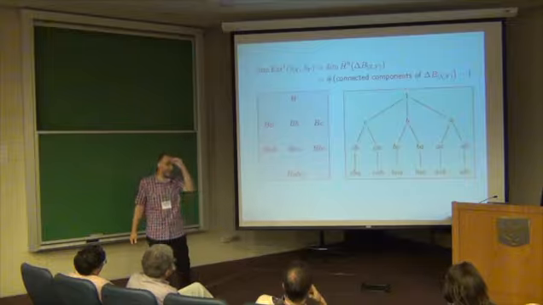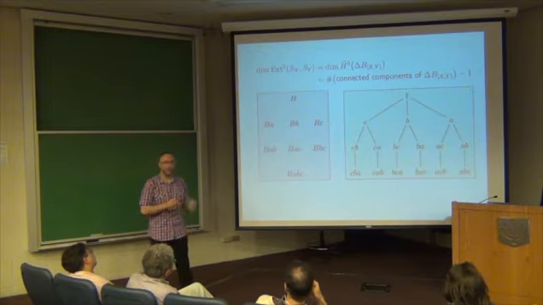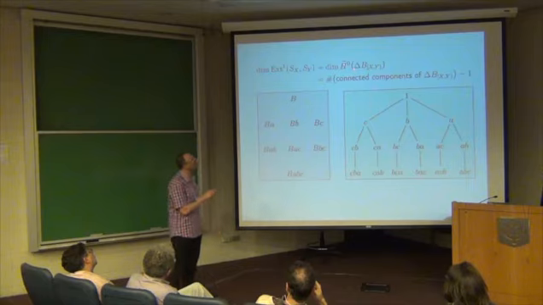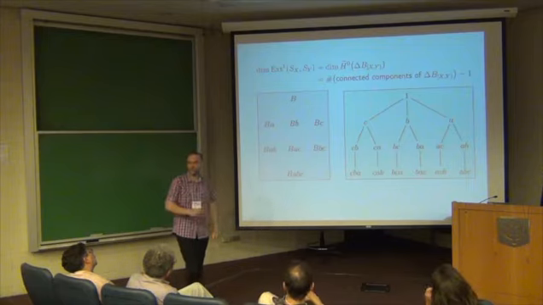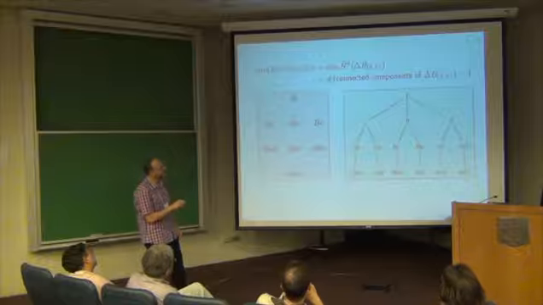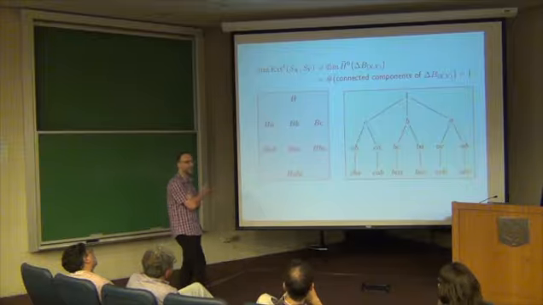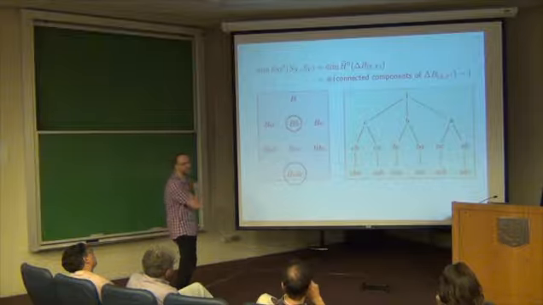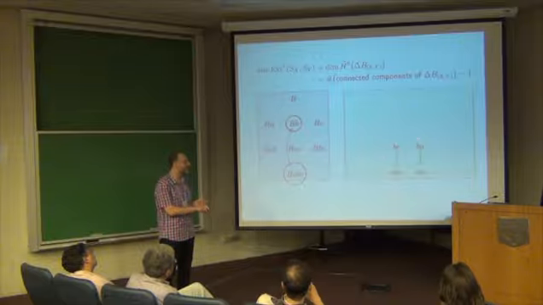Let's do a quick example. Here we're going to look at Ext^1. If we want to compute Ext^1, we're looking at the zeroth reduced cohomology. Even if you don't remember much from algebraic topology class, you should remember that this is just the number of connected components minus 1. So it's pretty easy to compute. Here we go. We start with these two. We look at the subposet here.